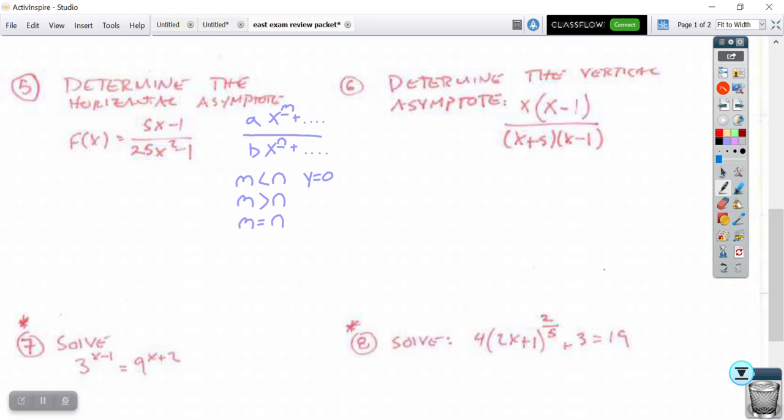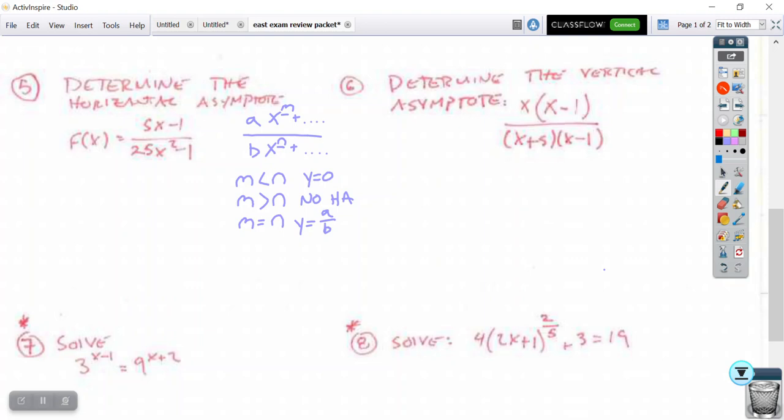If m is greater than n, then there's going to be no horizontal asymptote. And if they're equal, the equation for the asymptote will be y is equal to a over b. So the question is, looking at our equation, which one of these 3 situations do we have?